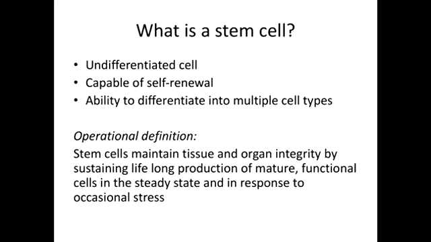But the key to this is really about how these cells function and what they do. And we need to demonstrate that in vivo. So stem cells are operationally defined by their function, how they produce mature, lifelong cells, and how they respond to injury. And you have to be able to demonstrate that to demonstrate a stem cell.